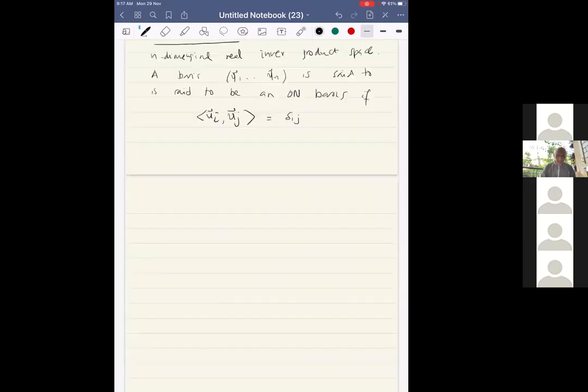So explicitly, this means each basis vector has unit length.